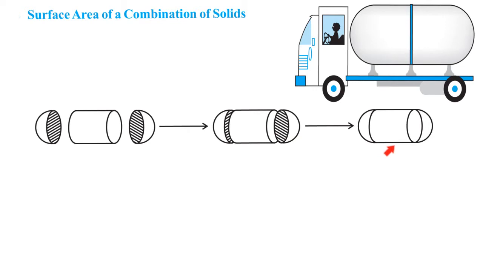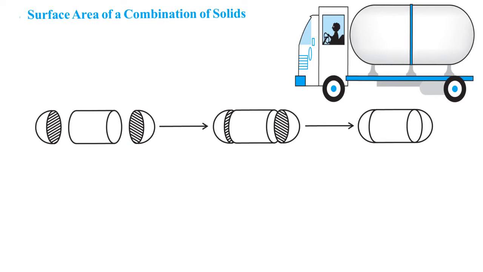If we consider the surface of the newly formed object, we would be able to see only the curved surfaces of the two hemispheres and the curved surface of the cylinder. So the total surface area of the new solid is the sum of the curved surface areas of each individual hemisphere plus the curved surface area of the cylinder.